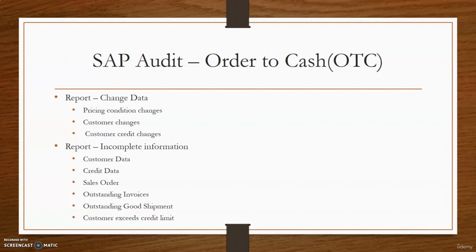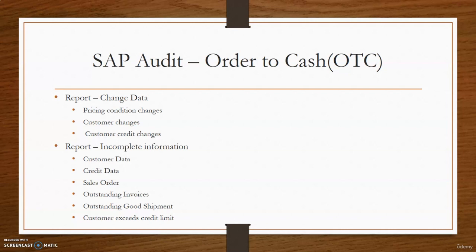Then missing credit data. For that we can run the report RFDKLI10, and the transaction code is F.30, to identify the customer records with incomplete credit management information.